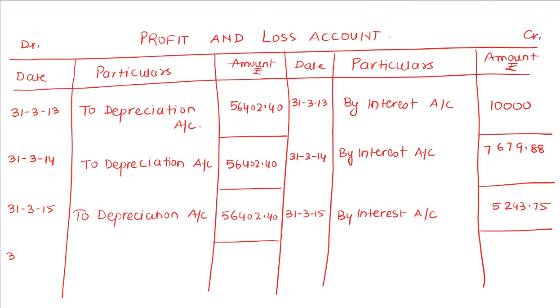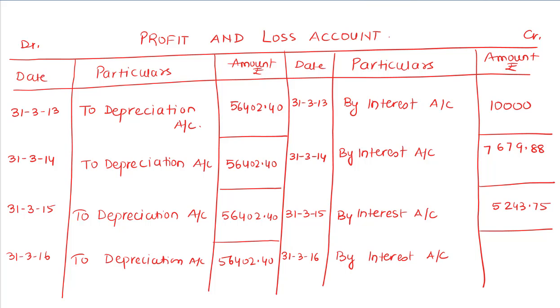For 2016, 31st March 2016, to depreciation account. The depreciation will be same, 56,402.40. On closing, 31st March 2016, we need to transfer the interest to profit and loss account.